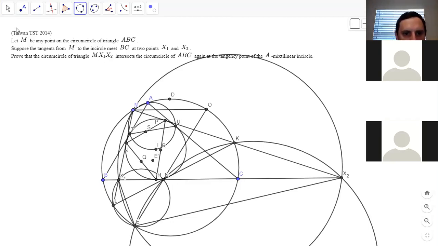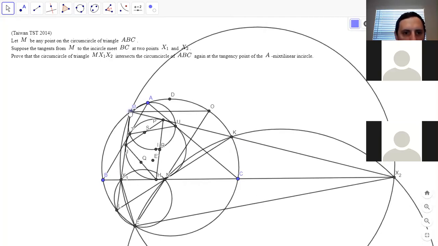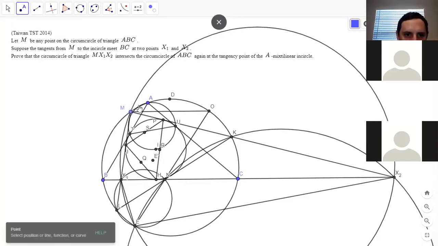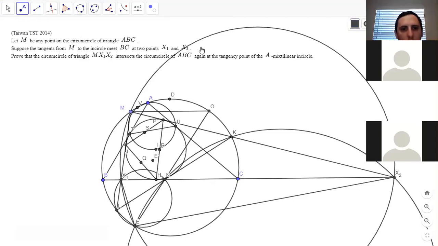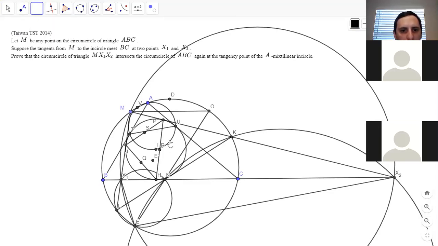So yeah, it looks like M is too close to it, so I'm going to move M a little bit. So there it is, point V. And you also name the midpoint of arc BC, not containing A. Yeah. Whoops, sorry.